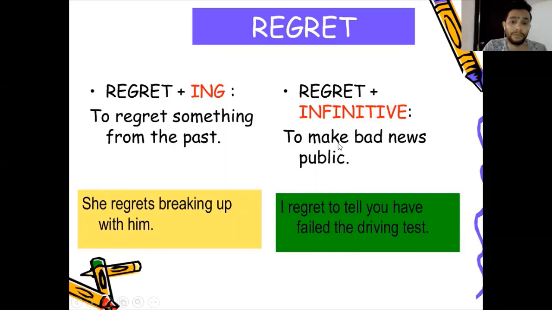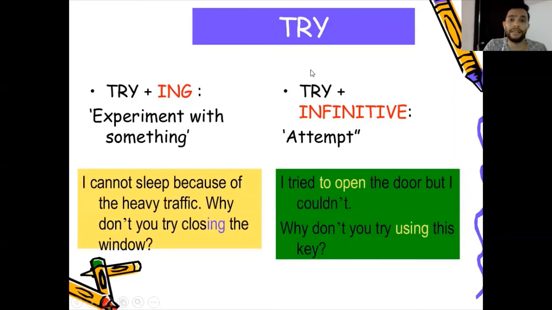A bad news. And finally, the verb try. We have try plus ing, meaning an experiment with something to solve something, like, I cannot sleep because of the heavy traffic. Now, the experiment, what I recommend you, especially for recommendations, why don't you try closing the windows, right?